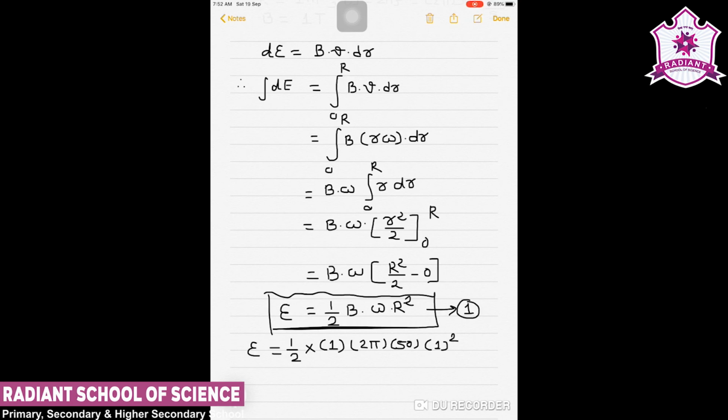So when we apply all the terms, we ultimately get 157 volt of EMF induced inside this arrangement. So this is your answer. Equation 1 is the equation in a general way, so we have to remember it also, and the value is 157 volt.